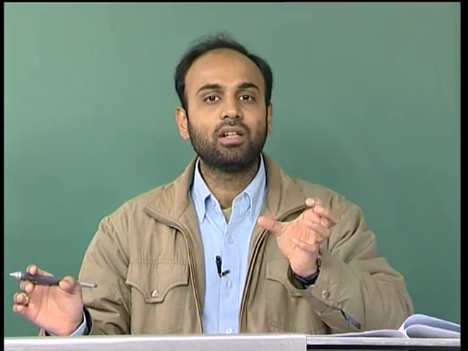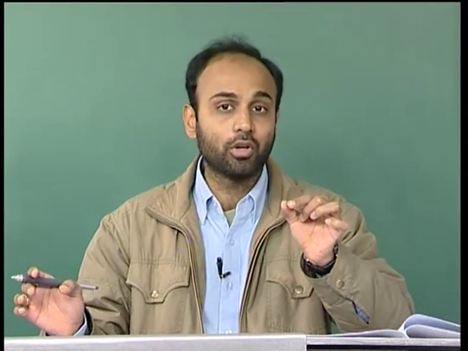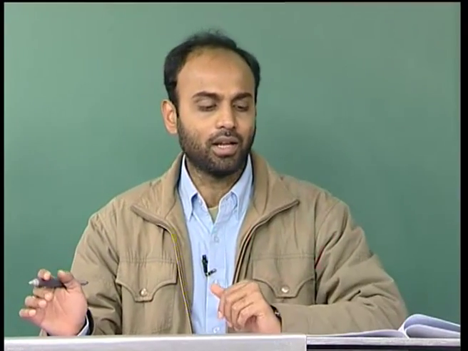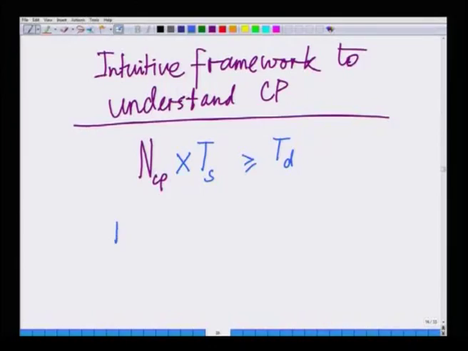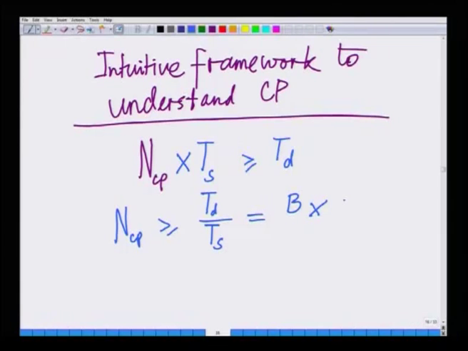The cyclic prefix has NCP symbols, each of duration Ts, which is the symbol time, that is 1 over B, that is the sample duration. So, NCP times the sample duration should be greater than the delay spread, which means NCP should be greater than or equal to Td over Ts. Now, remember, we already said the symbol time is nothing but 1 over B. So, 1 over Ts equals B, and we said Td, the delay spread, is nothing but 1 over twice the coherence bandwidth. So, this is equal to 1 over 2 Bc.